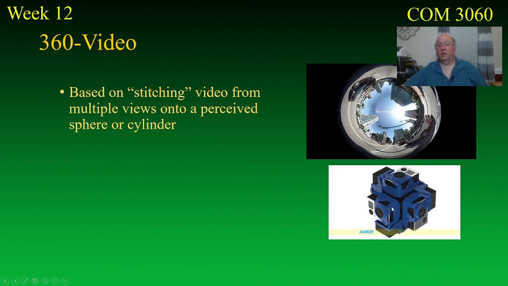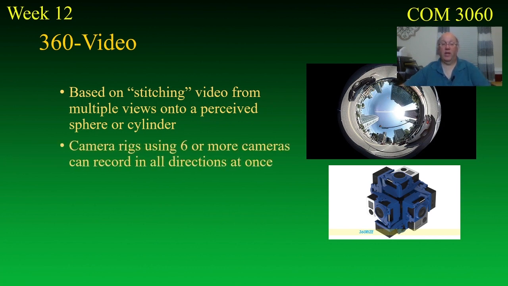These are the GoPro cameras, and we actually have a rig like this where you can take pictures in all 6 directions, and then there is software that will figure out where one point of view ends and the other begins, and it will map that image onto the inside of a spherical shape. And so then, if you're inside that shape, you have the illusion of being able to look around in all directions. And all I'm doing is suggesting that we do the same thing using the Lightwave program.